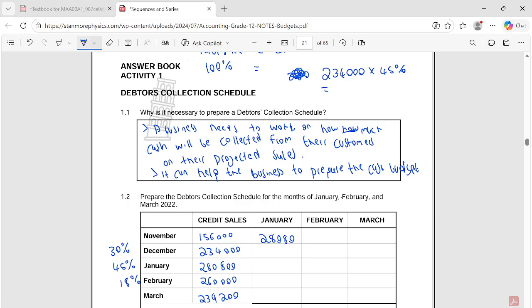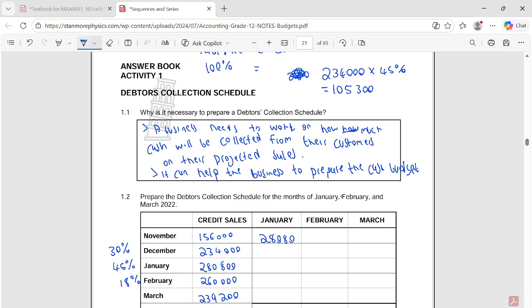So I'm gonna say 234 multiplied by 45%, and then I'm getting what? 105,300.